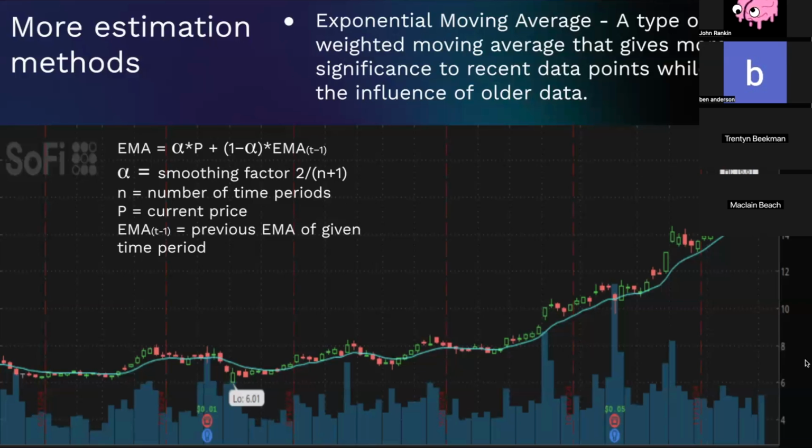Traders will like to wait for a break of the EMA price, or as you see here, one candlestick above the EMA will signify a general upward trend in price, and then they will enter a position there. And usually they would like to wait for a clear break below the EMA line, and that will signify a downward trend in the stock.